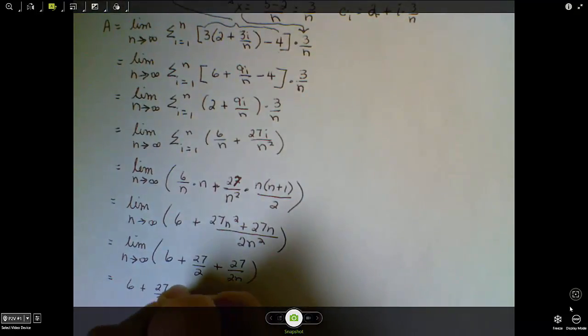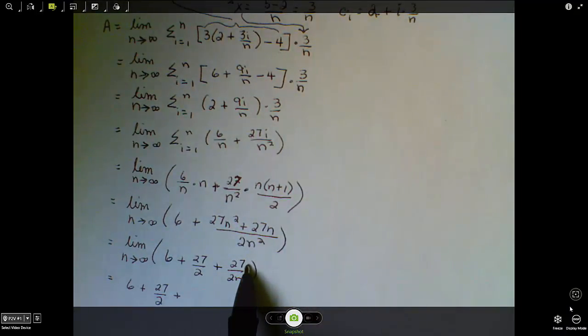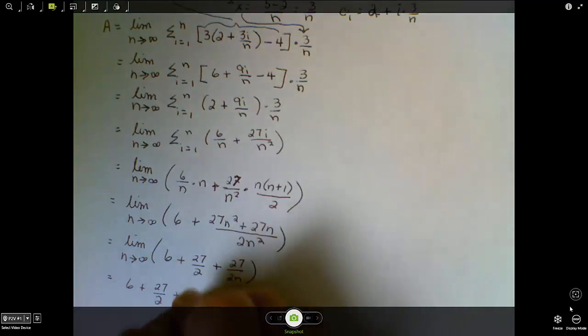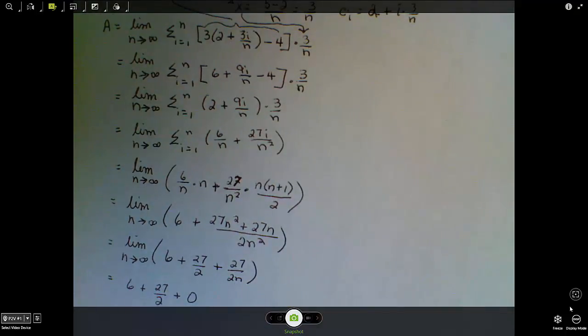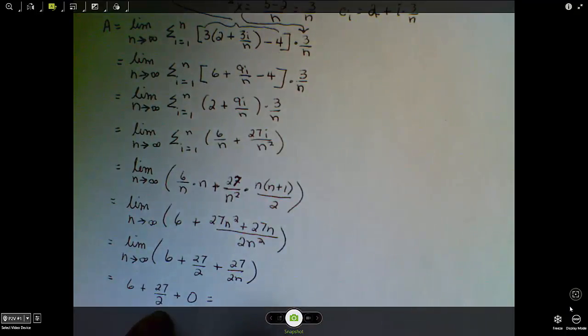And the limit as n goes to infinity of 27 over 2n. As n goes to infinity, 2n is huge. 27 divided by huge, such as 27 divided by 10 billion, is darn close to 0. So all I have left is 6 plus 27 over 2.